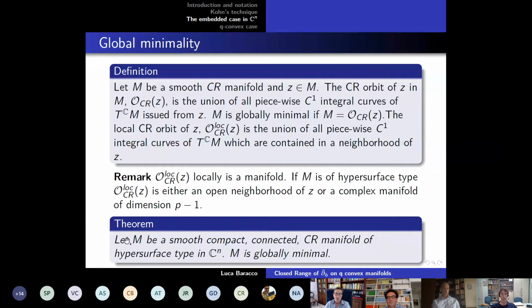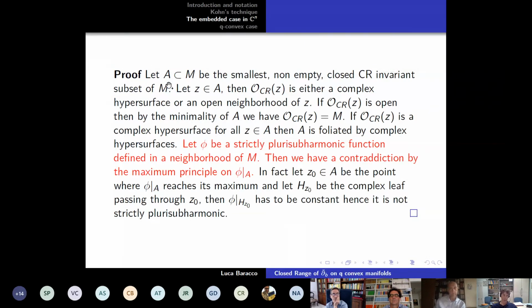What I want to prove is that if M is a smooth, compact, connected CR manifold of hypersurface type in C^n, then M is globally minimal. This is the proof. Let A be the smallest non-empty closed CR invariant subset of M. CR invariant means that it is invariant under the action of the flow of any CR vector field.